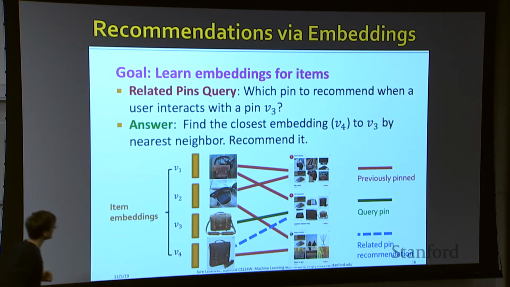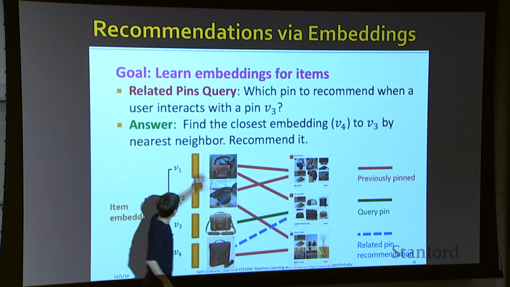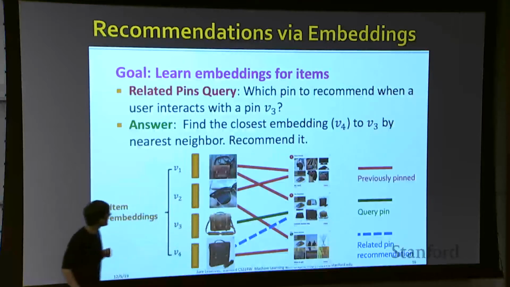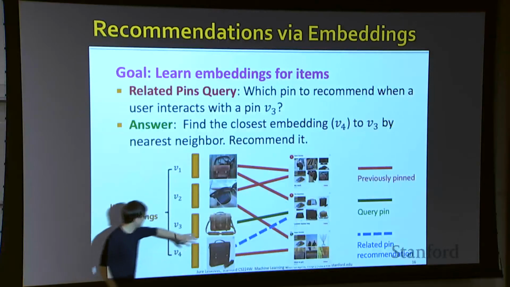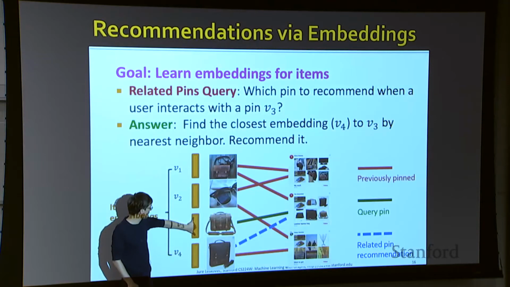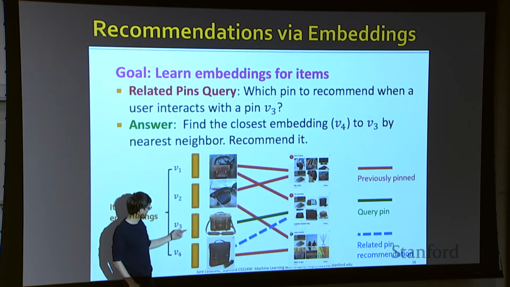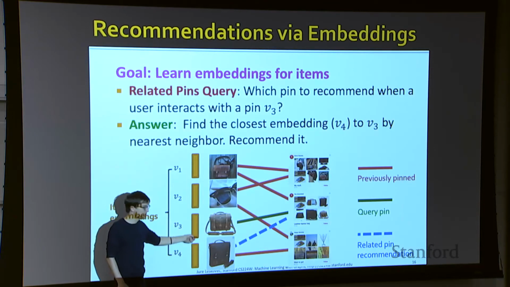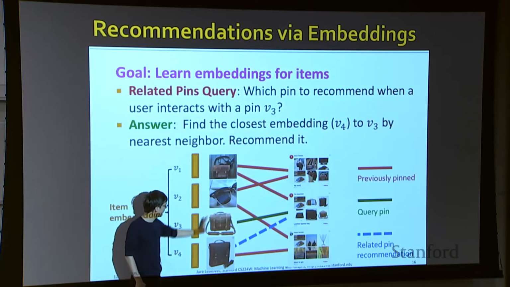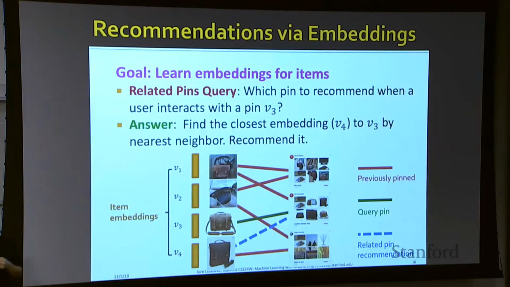So if I have my pins and the boards they belong to, I will learn an embedding for every pin, so that if you are, for example, looking at pin number 3, I will say, this is the embedding for the pin. This is now a point in some high dimensional space. Let me find the points that are closest to this point in the embedding space. And whichever of these other pins is closest, those will be my recommendations, right?